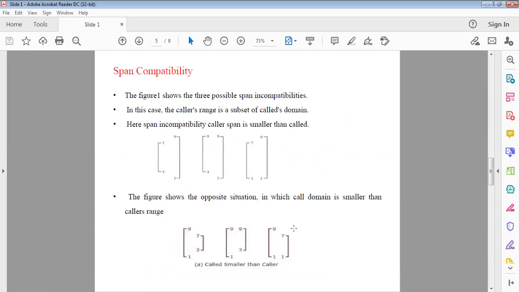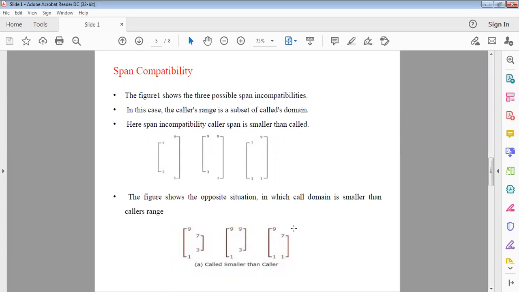Next, you need to check span compatibility, that is called domain span compatibility. Span here is the caller, and you are transferring information. We take input values for the caller and send them to the called domain.